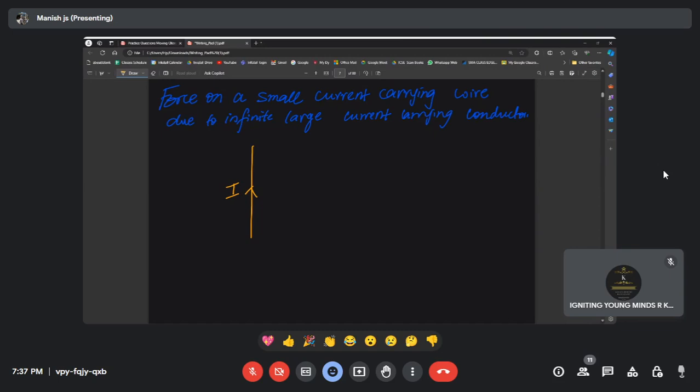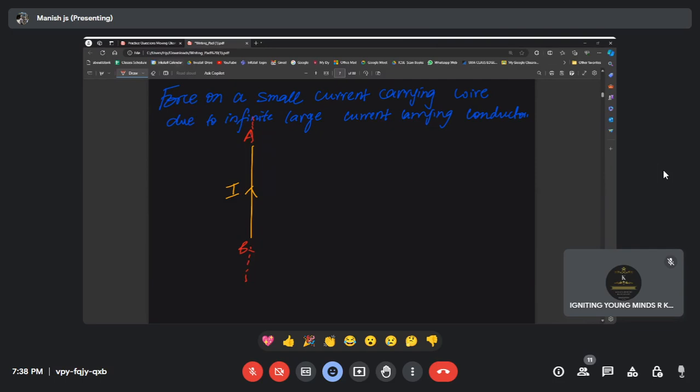This conductor is my reference conductor. Let me mark it as AB. This AB is of infinite length. It is a large conductor, extending infinitely in both directions, say positive infinity and negative infinity.